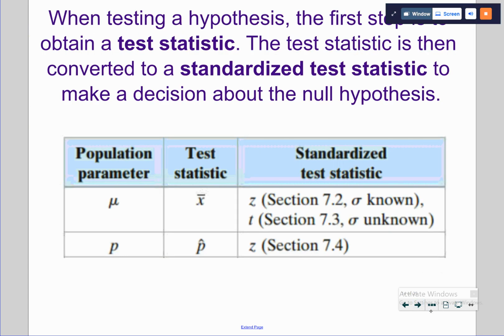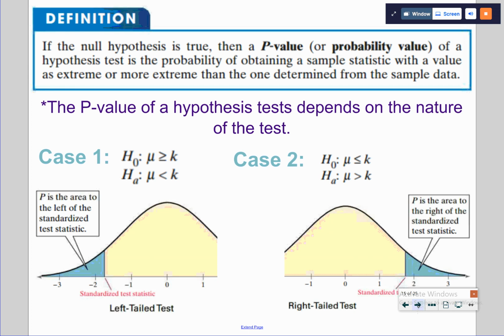All right. When we do the testing, we're going to be testing just like we did with confidence intervals for population parameters of the mean and the proportion. And then you have your sample mean and your sample proportion, and we'll talk about those later. Then, based on the calculations we do with that mean or proportion, we're going to look at our hypotheses that we created, and then our standard normal table when we're talking about a mean, because that's what we're going to do first.